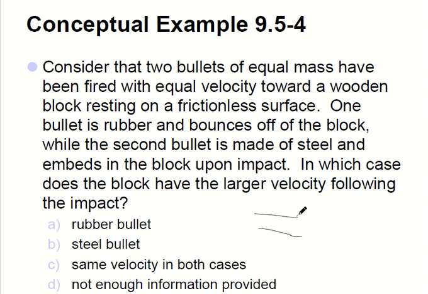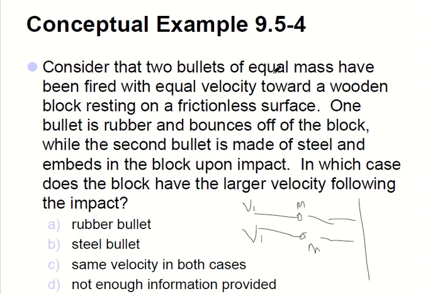You have two bullets and they have an equal mass. So you can do this in your head, like this, and they're fired with a velocity, and of course it's going to hit right there. We don't know if the velocities are equal or not, so let's take a look. One bullet is rubber, so the very first one is rubber, but even if they have different materials, they have equal mass.